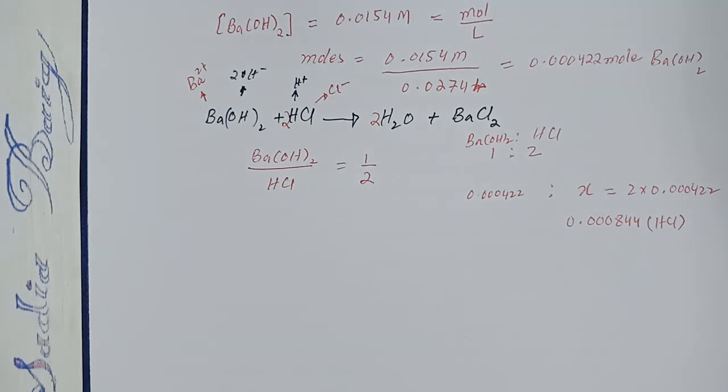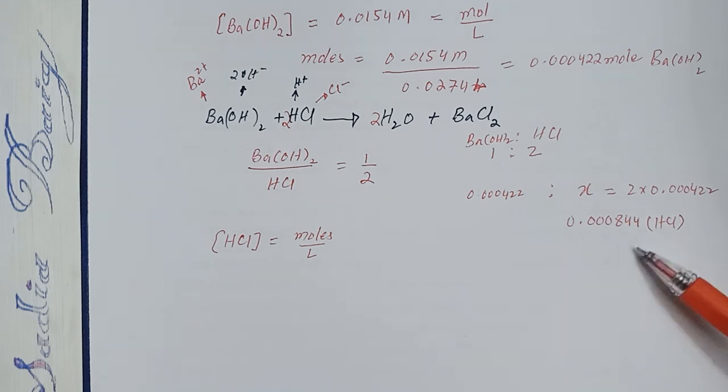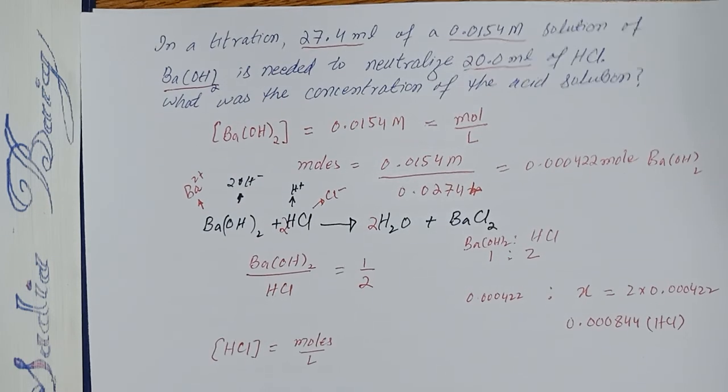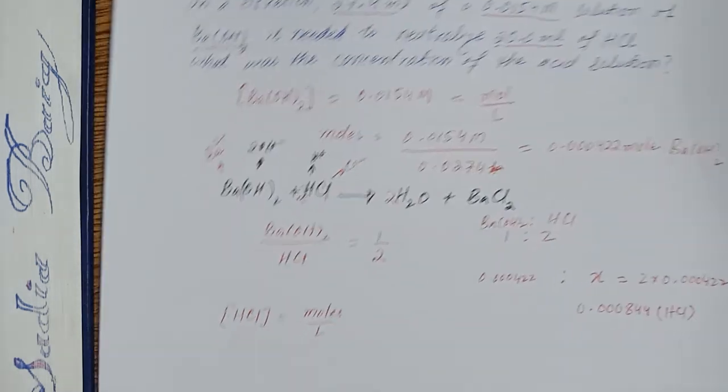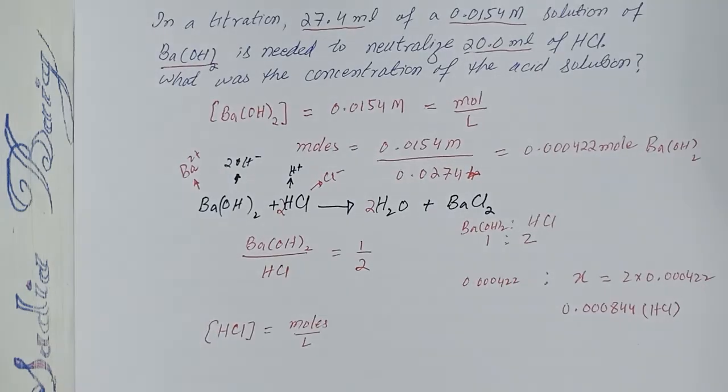So finally we just have to calculate the concentration of HCl by dividing by the volume of HCl. As we know, the concentration of HCl is moles per liter, and we know the number of moles of HCl, that is 0.000844, and the volume of the HCl that is used to neutralize at equivalence point.